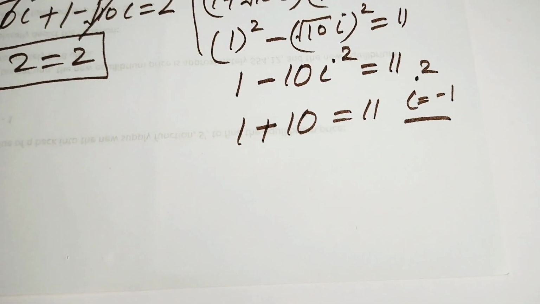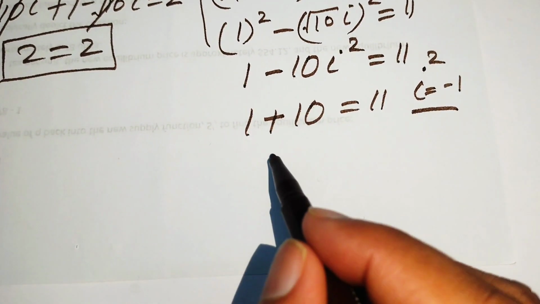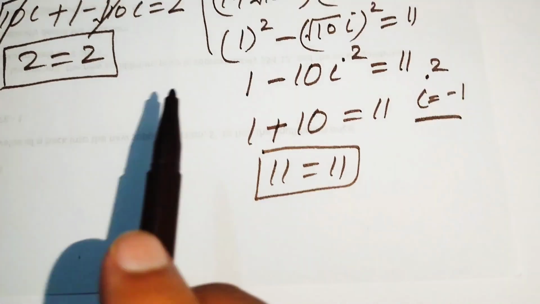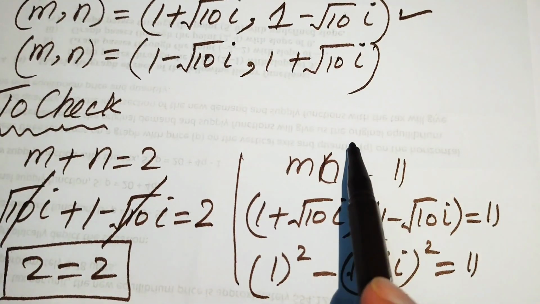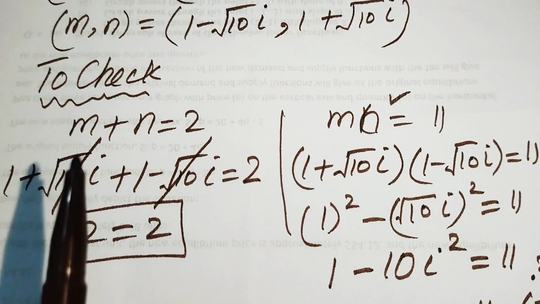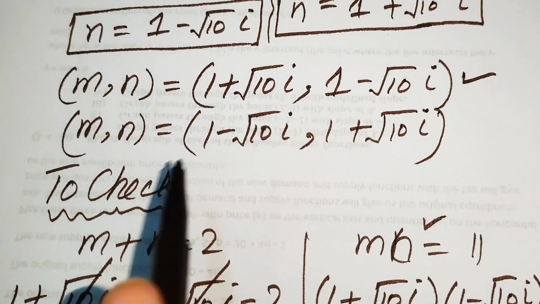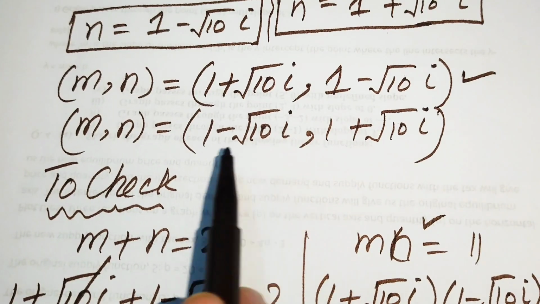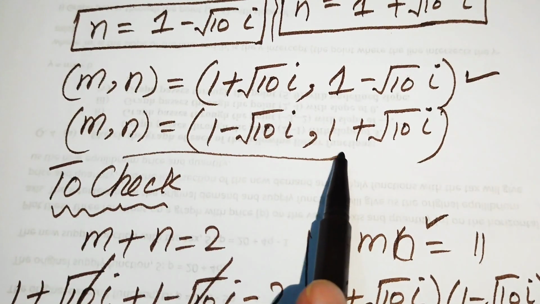We use this value of iota square. So 1 plus 10 equals 11, equals 11. So this shows that solution 1 satisfies the second equation as well. So it means that this value of m and n is the solution of the given equation. And now you check the second case for yourself.